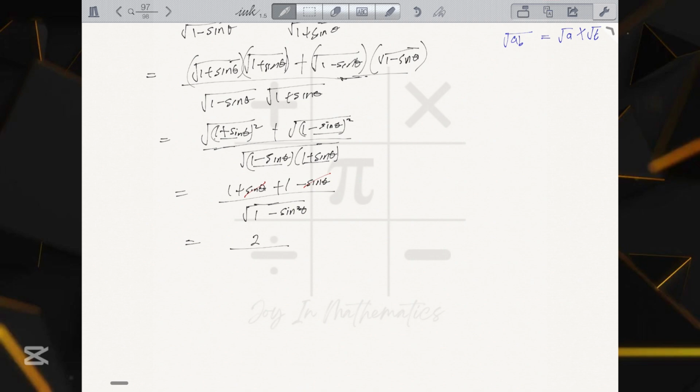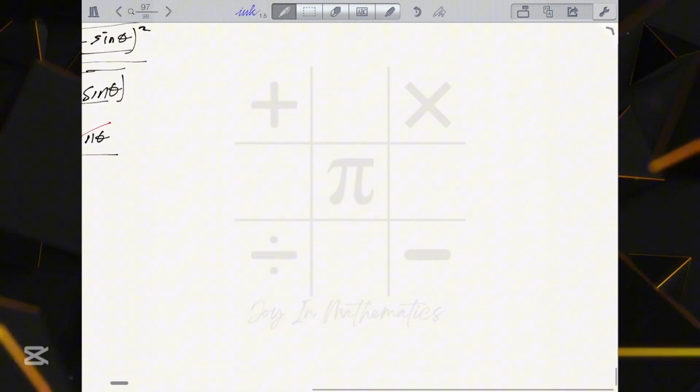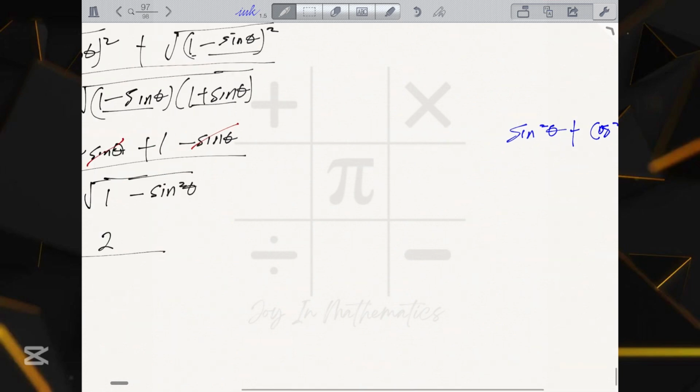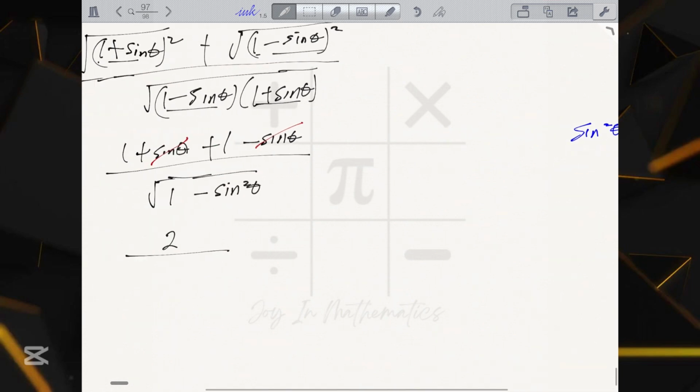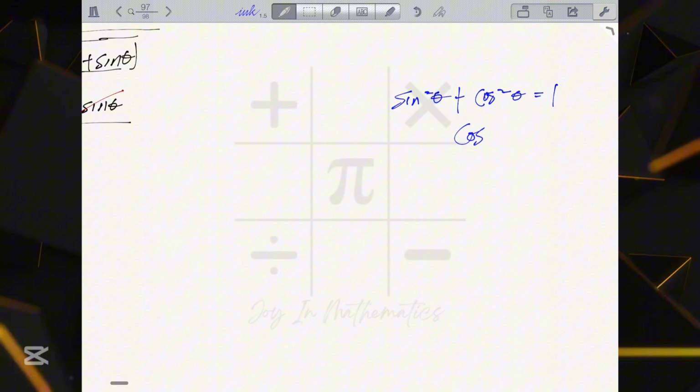For us to understand that vividly, we go back to the first trig identity that says sine squared theta plus cos squared theta is equal to 1. So with that, 1 minus sine squared theta is cos squared theta.